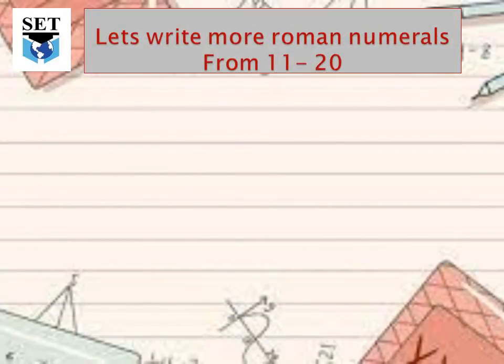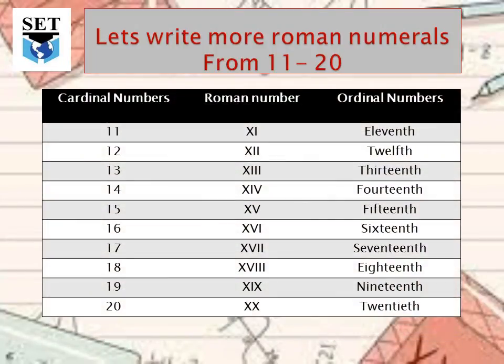Okay, let's write more Roman numerals from 11 till 20. Here we describe how we get 11 in Roman. We know that if we add 1 to 10, we will get 11. So here this X stands for 10 and I stands for 1.